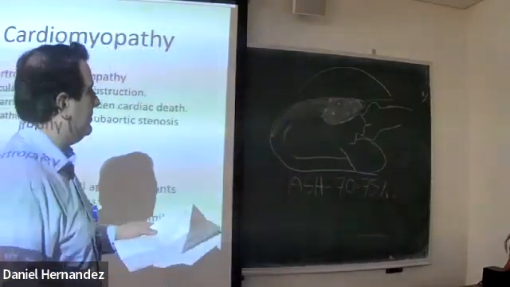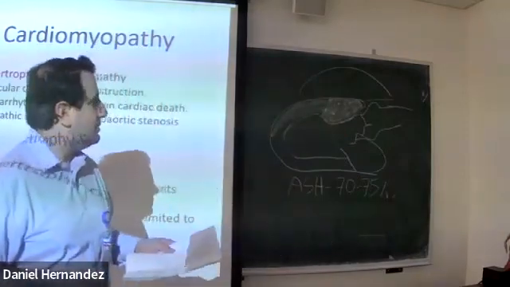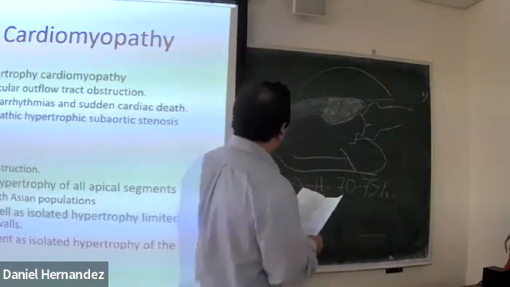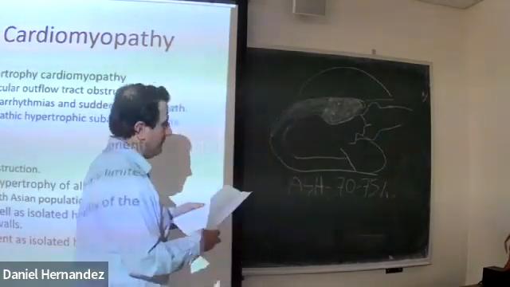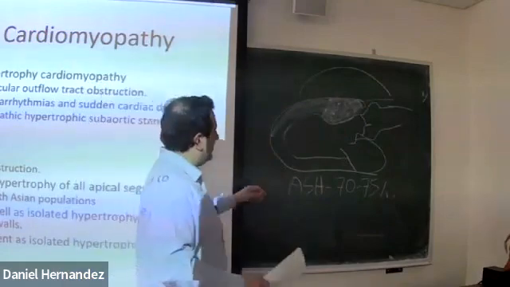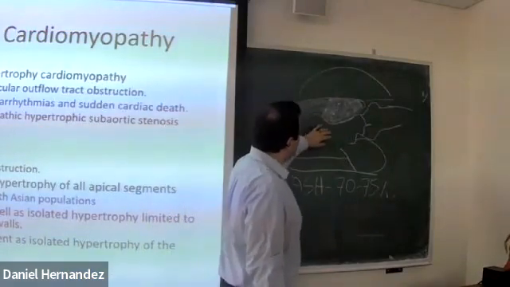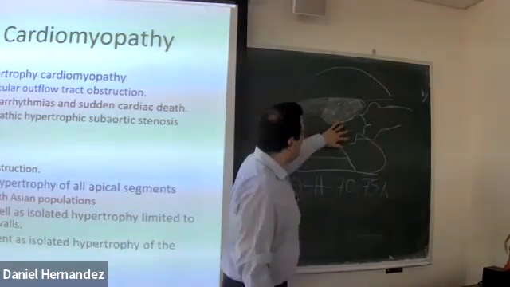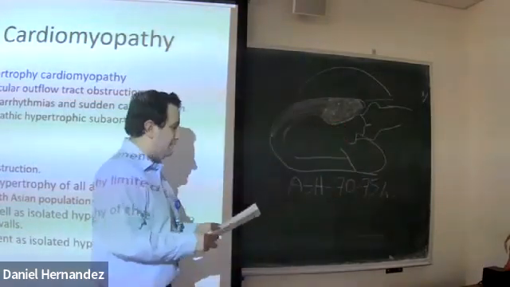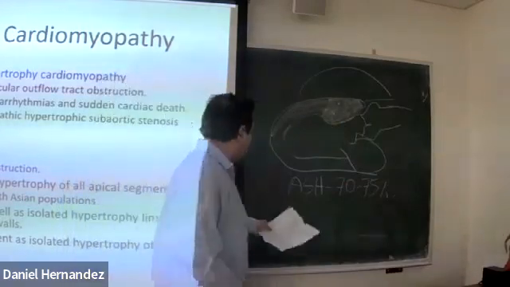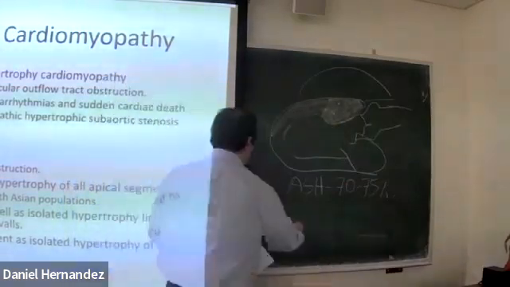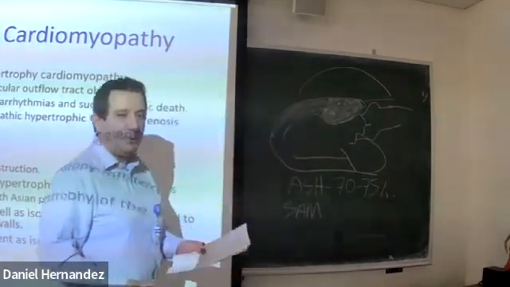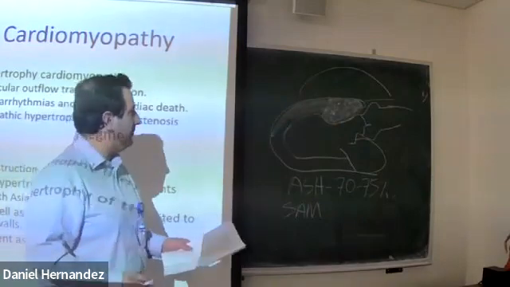So when we hear this term ASH, we also have to associate it with, again, IHSS, idiopathic hypertrophic subaortic stenosis. So we get a stenotic lesion in our LVOT as a result of that hypertrophy. And we also have to associate ASH with another term we mentioned before, our SAM, systolic anterior motion of that mitral valve leaflet.